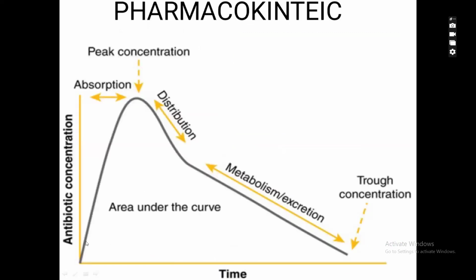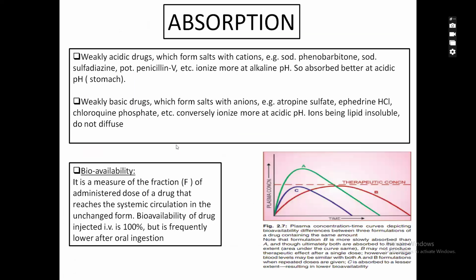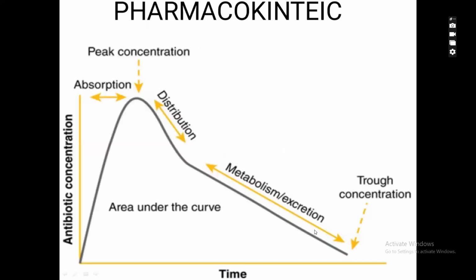This is the path by which the drug is absorbed, then distributed, and then finally excreted, and ultimately the minimum concentration it achieves is known as the trough concentration or the steady state concentration. We will be coming to those a little later.